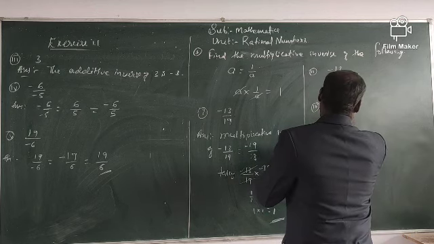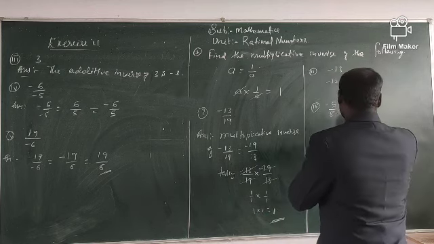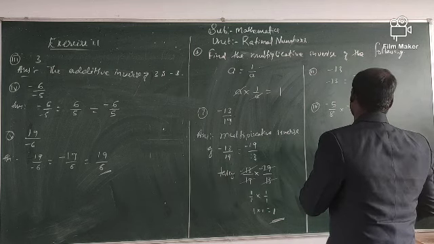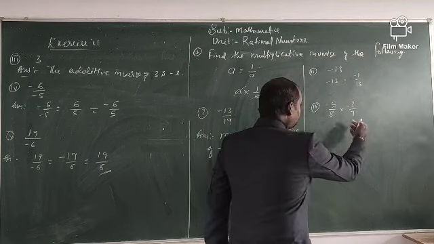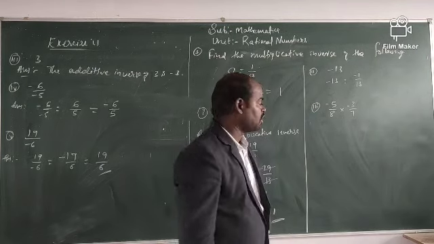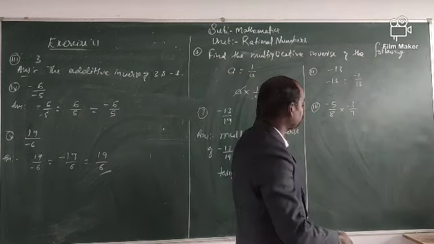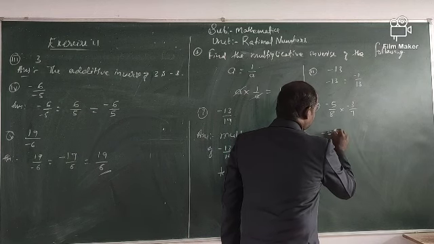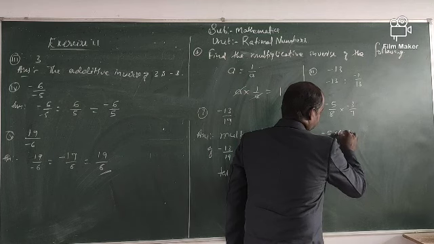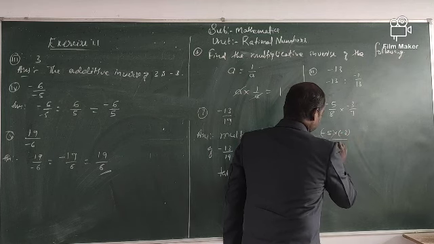Next, the third one: minus 5 by 8 into minus 3 by 7. Look here, children. For this we have to write the multiplicative inverse of the product. Multiply these two and take the product: minus 5 into minus 3 by 8 into 7.